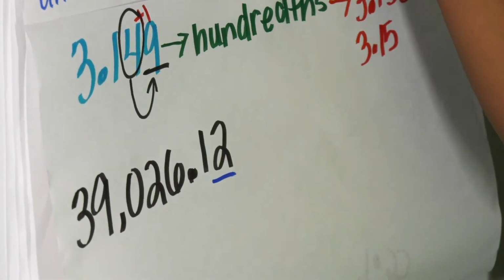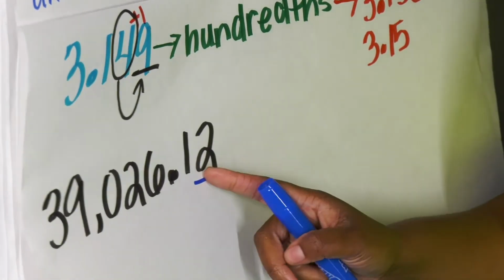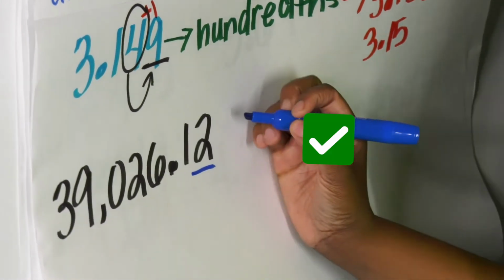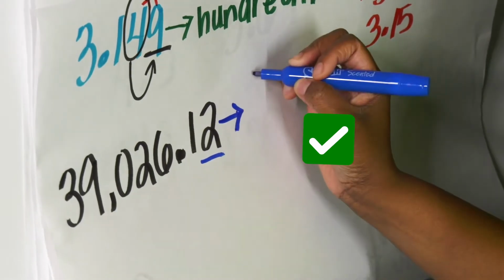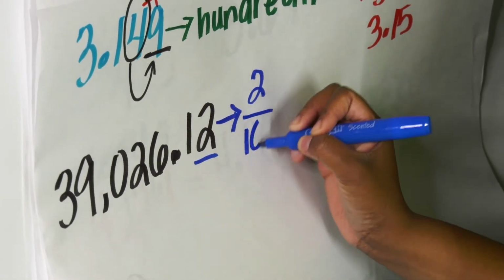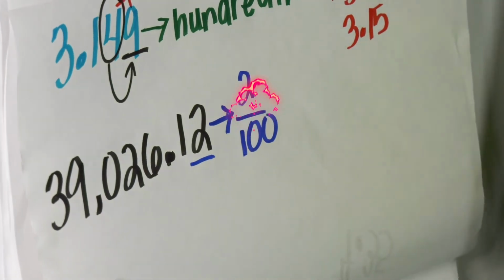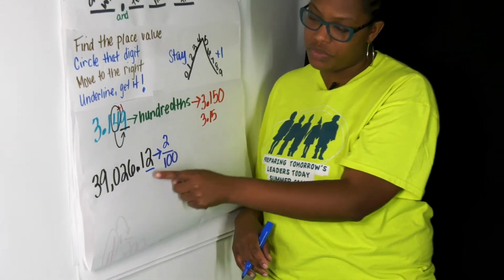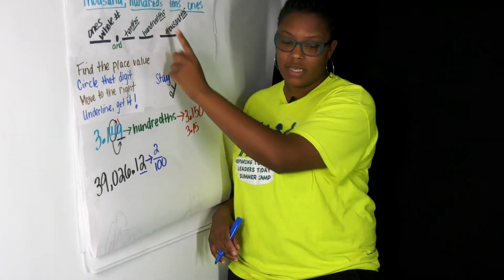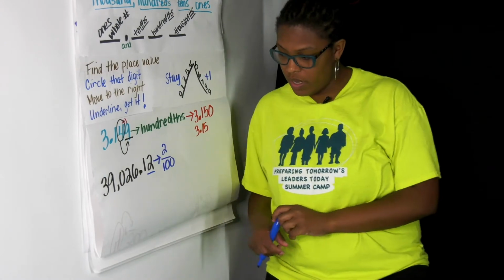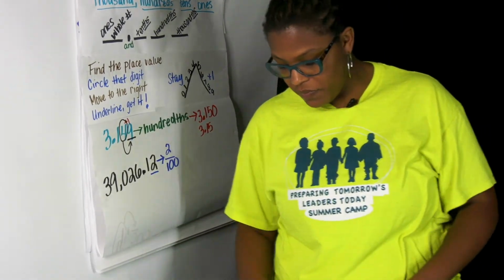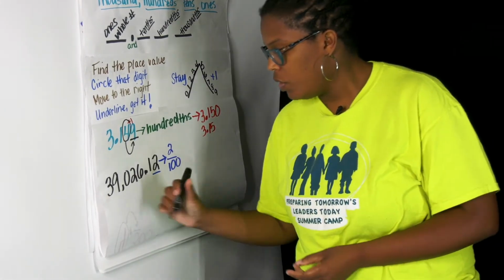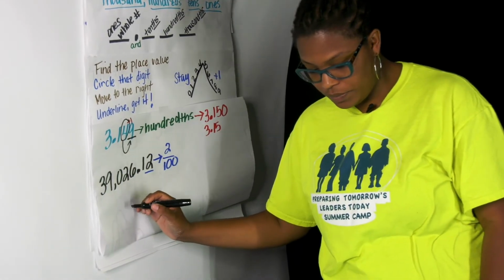According to our place value chart above, the 2 is in the hundredths place. So this value would be written as 2 over 100. That is 2 over 100 because the 2 is in the hundredths place. Okay, so all we're doing is identifying the values of digits. We're not rounding. We just want to identify their place value.